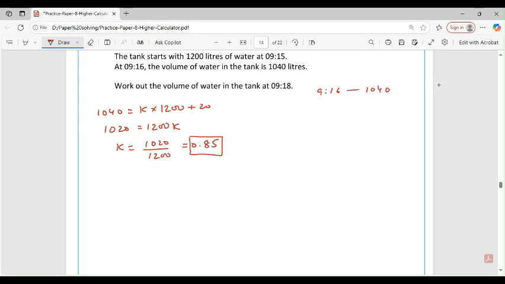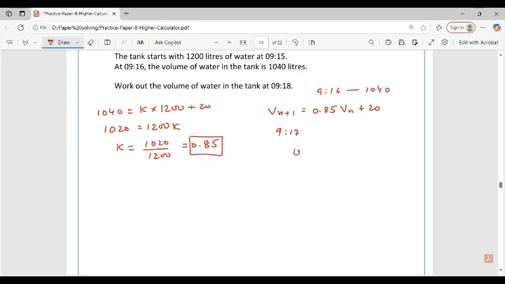At 916 it is 1040 liters. So now putting in the value, Vn plus 1 equals 0.85 times the volume in liters plus 20. So this is the formula. And at 917 it's going to be different.